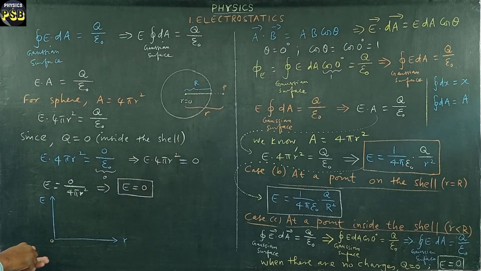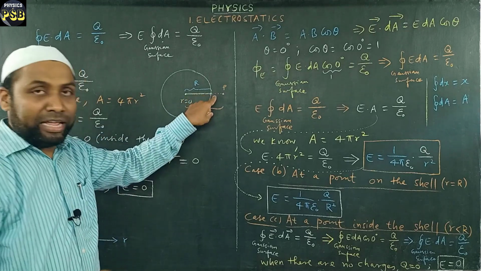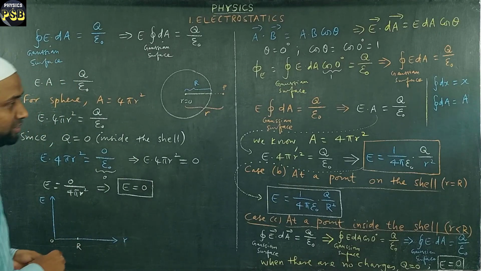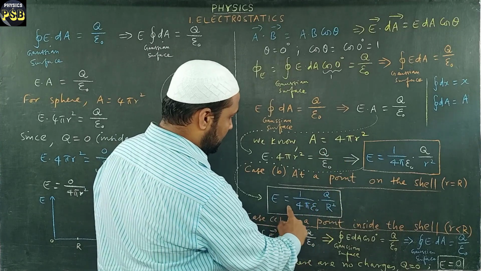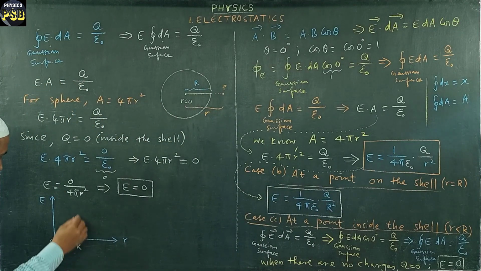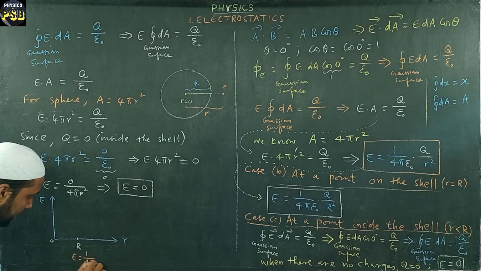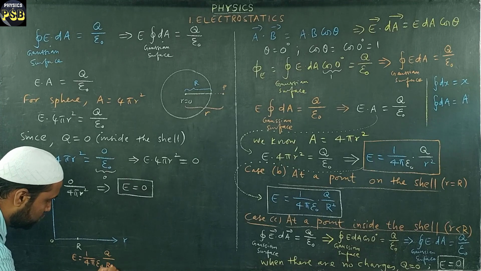But here, I take one point somewhere here. It is capital R. That means a point taken on the surface of the charged shell. There the electric field is represented by this expression: E is equal to 1 upon 4 pi epsilon naught, capital Q upon R square.